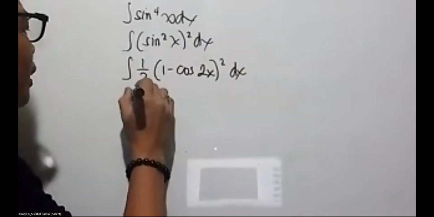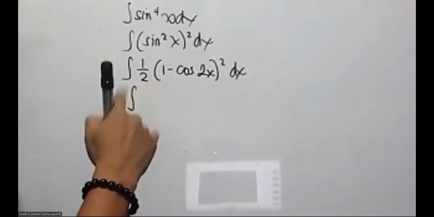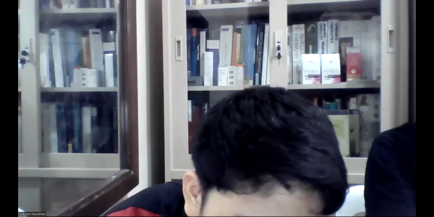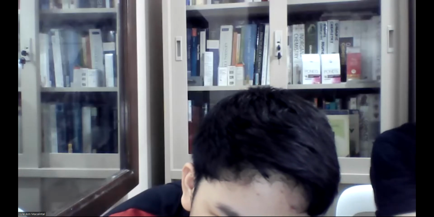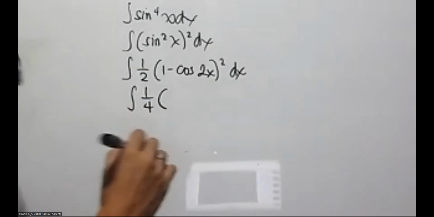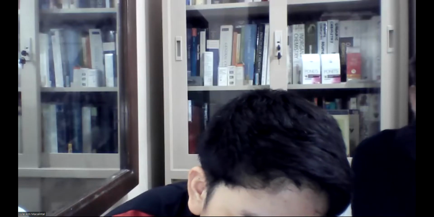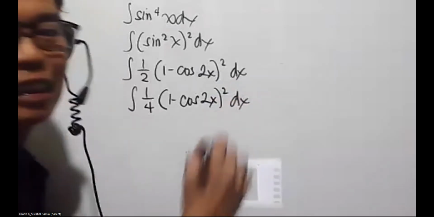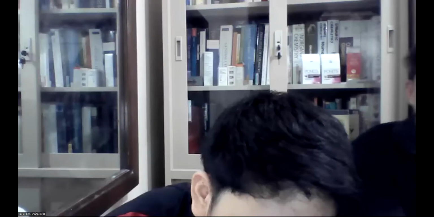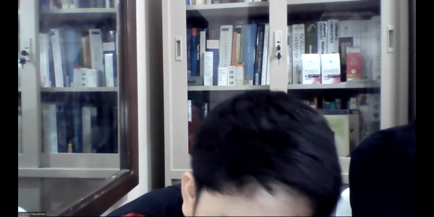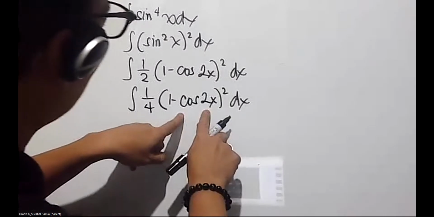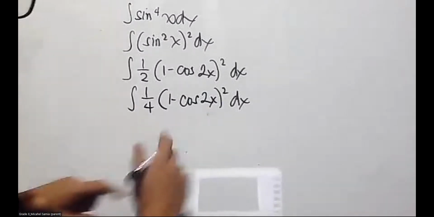So squaring it, it is integral of: square of 1/2 is 1/4. Okay, so 1/4, then quantity 1 minus cosine 2x squared dx. Okay, just substituting it. Let's multiply 1 minus cosine 2x multiplied by 1 minus cosine 2x.